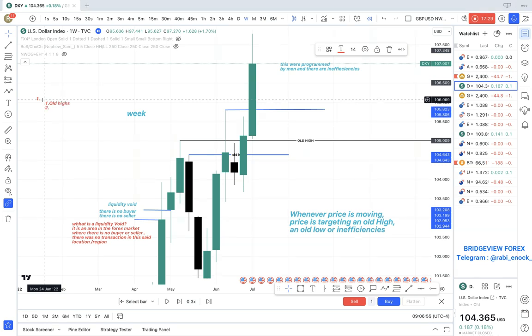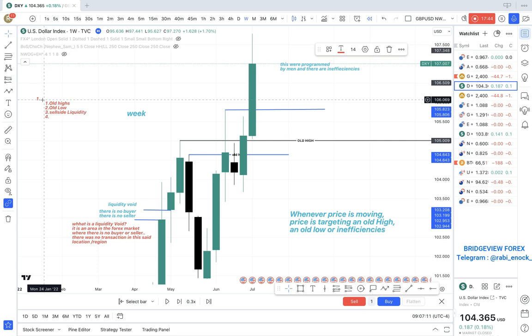Number two, old lows. And then I added three, sell side liquidity.